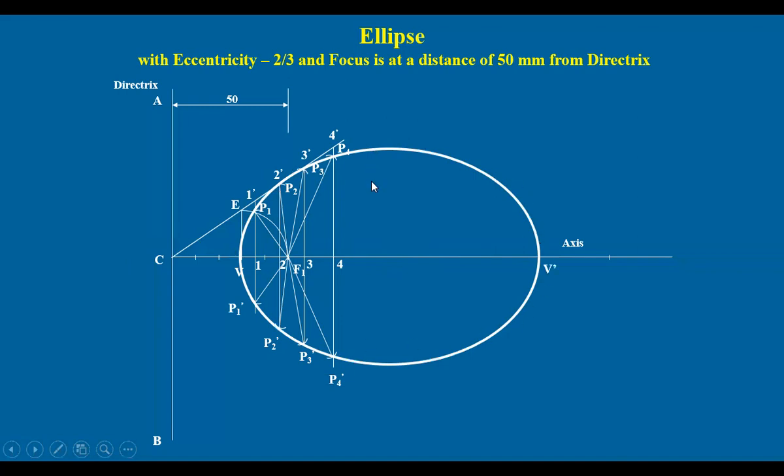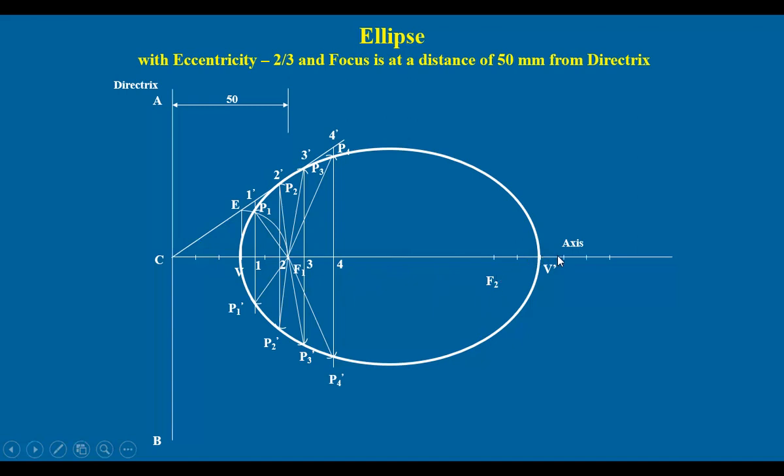Okay. Now we can extend the same principle. On the right side, you mark this point as V, you call it V dash. Okay. And at the same distance, right? From V, we are at this 2 points distance, 1, 2. At this distance, you mark F2 here, right? We got F1. We mark F2 here.